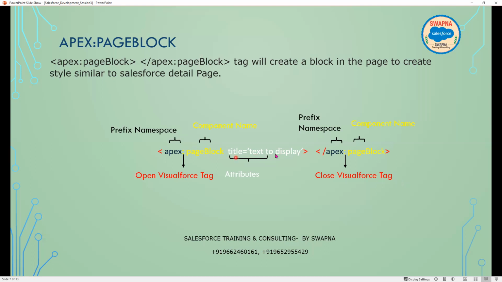There are different attributes. One of the attributes is called title. Take a note of it, then we will implement an apex page block.